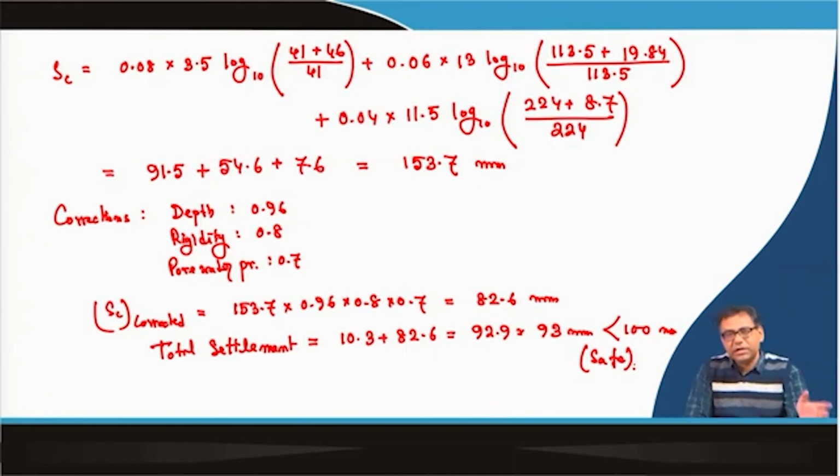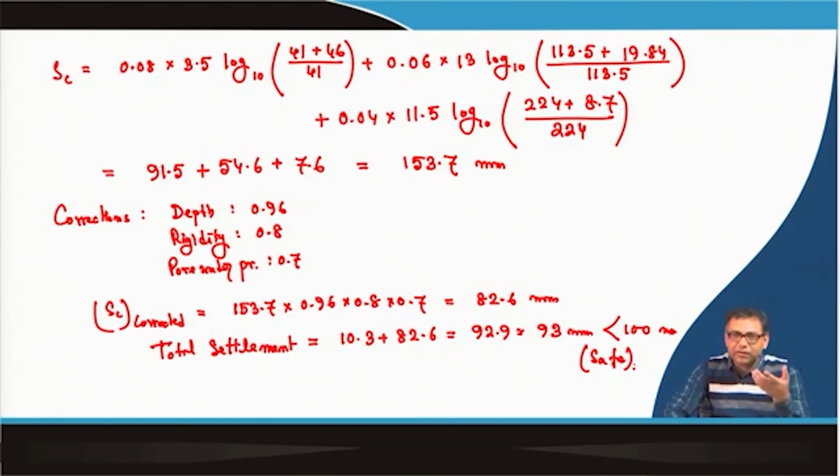So, I have discussed the foundation which is resting on sand. Basically, I have used the field test data in such cases, and then I have discussed how we can design a foundation resting on clay. And then once you get this dimension, you can consider the soil structure interaction part, and also get the bending moment and the shear forces.